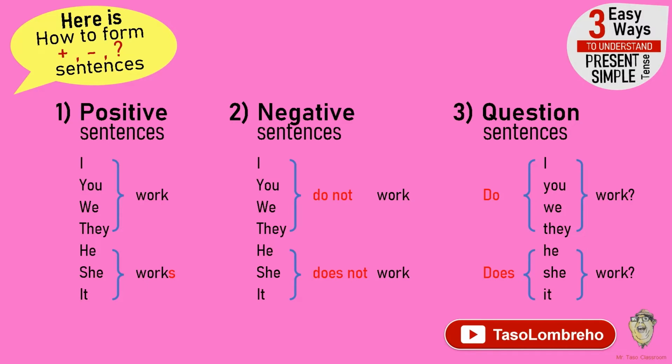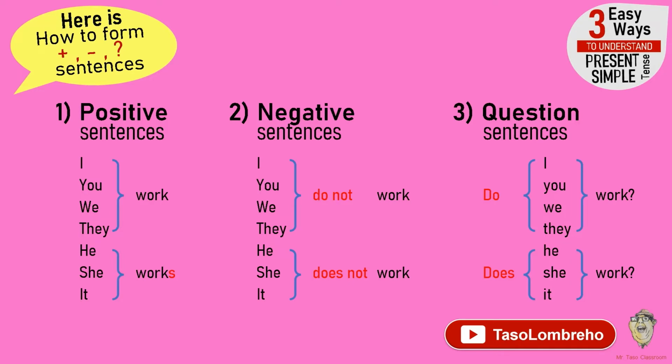Number 3, if you want to form question sentences, what you have to do is the same as when you are making the negative sentence. Only the position of the auxiliary verb do will be at the front of the sentence. So do I work?